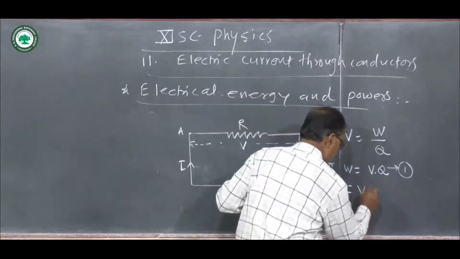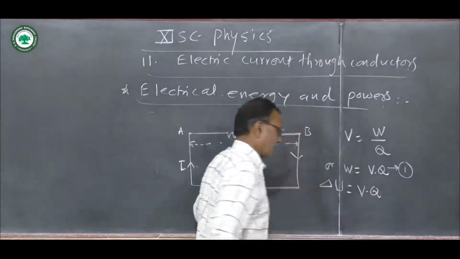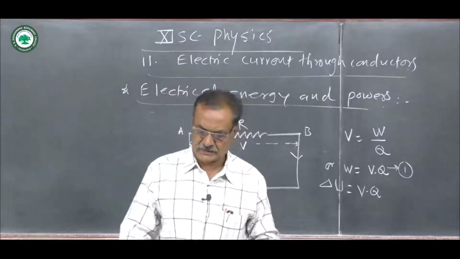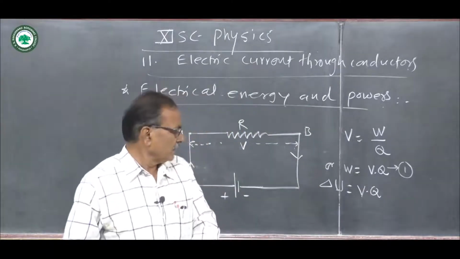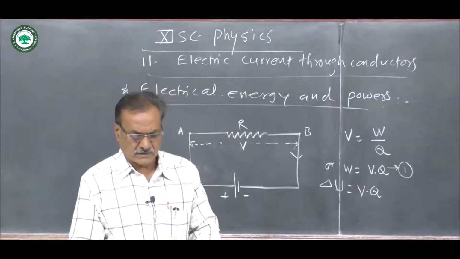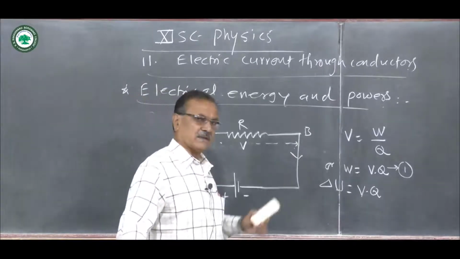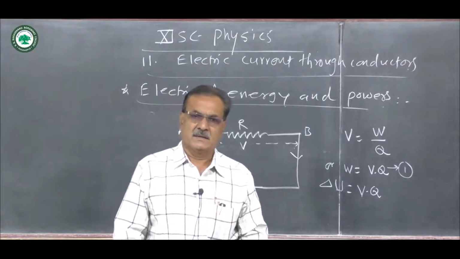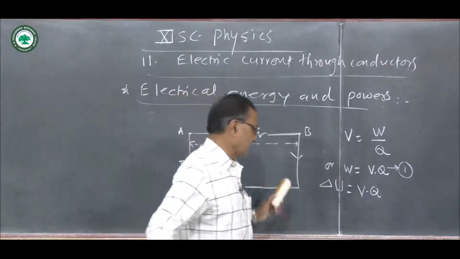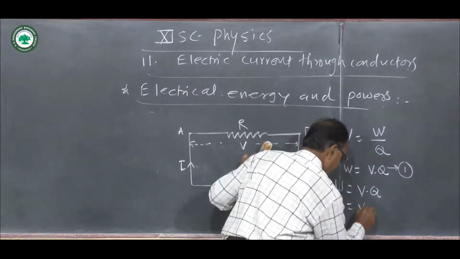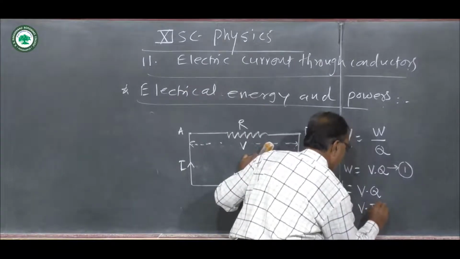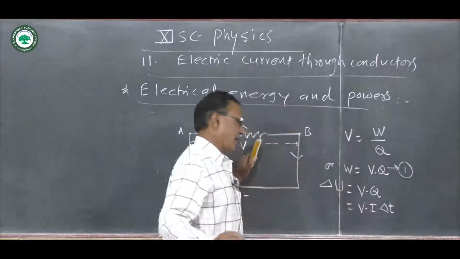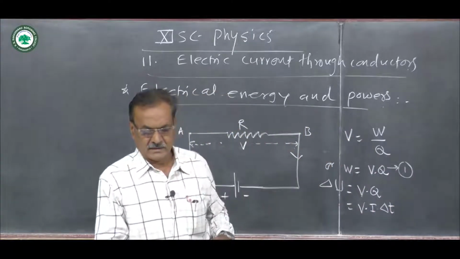Delta U is equal to V into Q, that is, the potential energy is equal to the work done V into Q. But Q is nothing but the product of current and the time delta t. So we can write V into I into delta t, that is V I delta t.